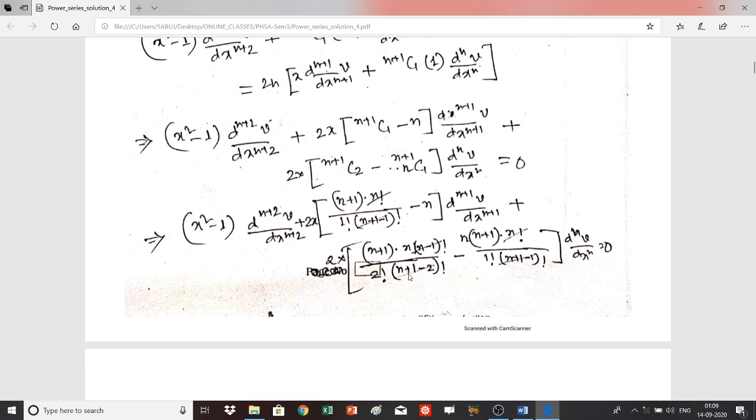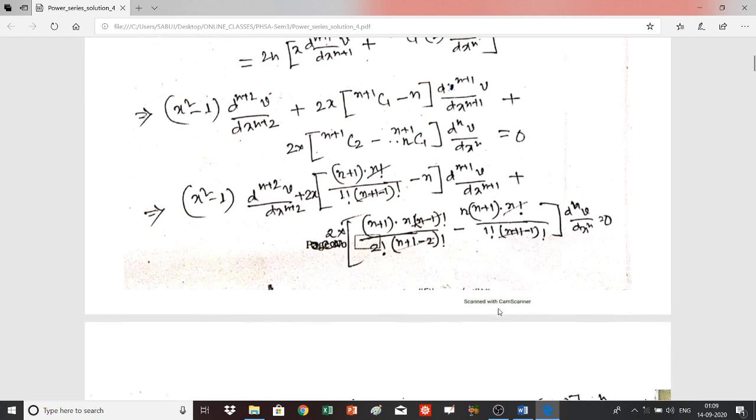So it is actually (n−1)!, and this (n−1)! and this (n−1)! will cancel each other, and minus this n is here, and (n+1)! will be in the numerator. So (n+1), and you can write it as (n+1) into n!, and here will be 1! into (n+1−1)!, that means it is n!. So n! and this n! will cancel each other, d^n v/dx^n, that is equal to 0.